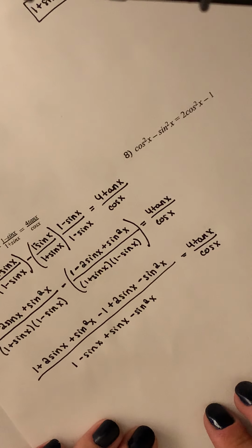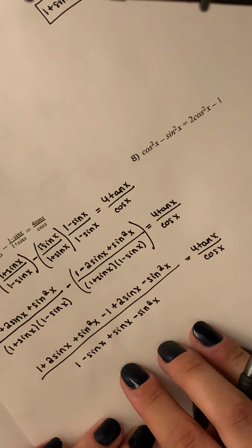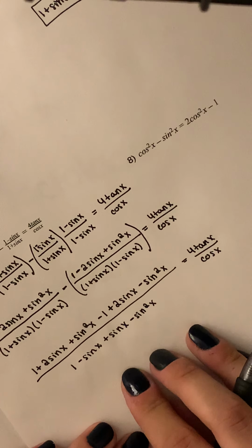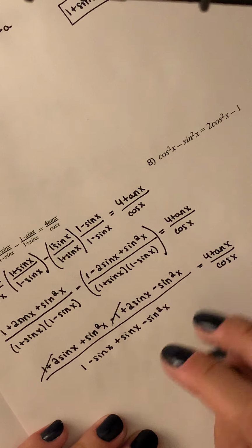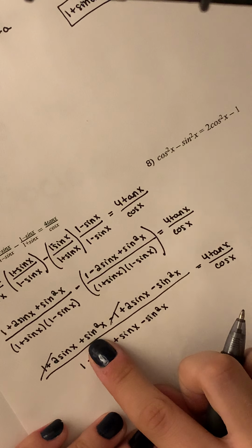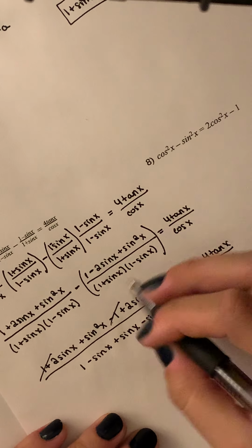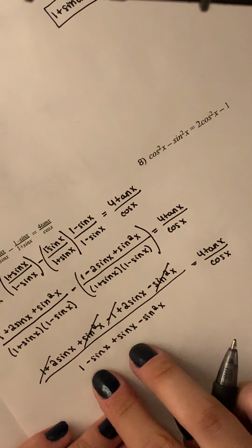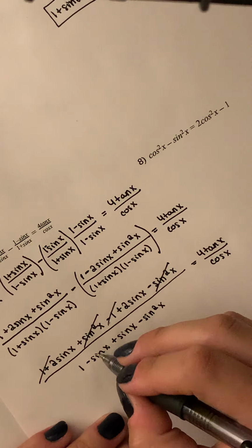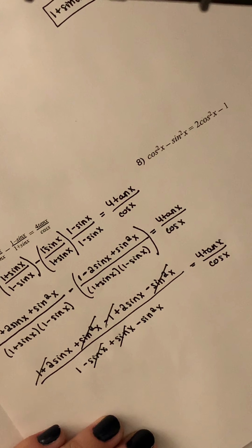Okay. So now looking back to our numerator, we can start to cancel out terms. We have a positive 1 and a negative 1 here. Those two will cancel. We have a positive sine squared x and a negative sine squared x. Those two will cancel. Down here in our denominator, we have a negative sine x and a positive sine x, and those two will cancel.